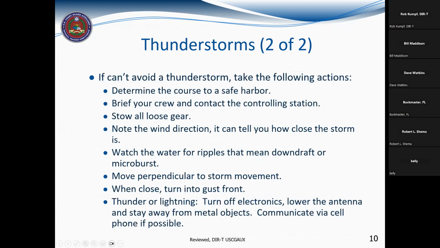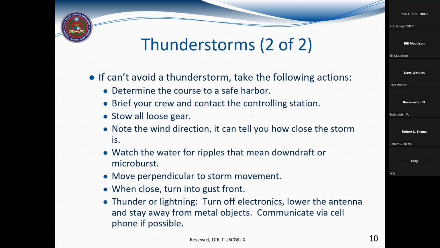If you can't avoid a thunderstorm, take the following actions. So determine the course to a safe harbor. It may not be where you put in, but for example, we have various restaurants and marinas around our lakes that we can go to. So we just want to take shelter in safe harbor.